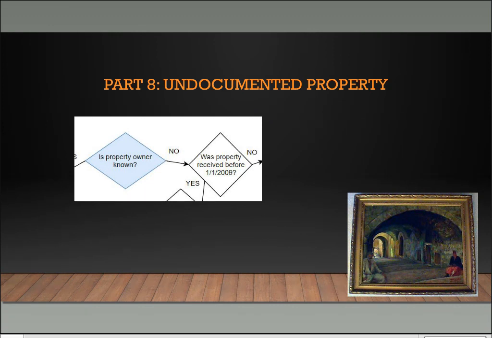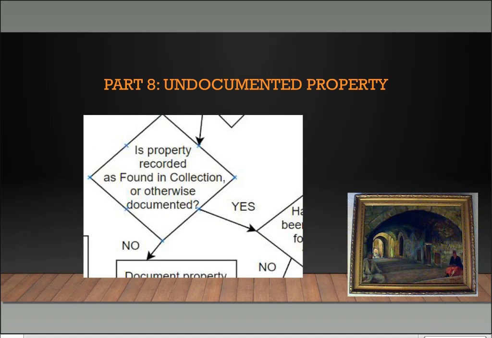All right, so we're back at the beginning. The first question we ask is whether or not the property owner is known. And in the case of this painting, we do not know who owned the property. Was this property received before 1/1/2009? Yes, because we have that 1982 accession number. All right. Is the property recorded as found in collection or otherwise documented?